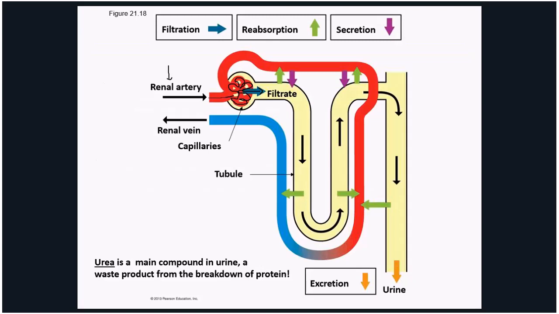As this filtrate is going through the tubule, which is part of the nephron, that's when reabsorption and secretion will happen. Reabsorption means that we're taking back some of that water, all of these green arrows, so it shows them going back into our blood supply. We want to take back some of that water, and some of the valuable solutes and nutrients.